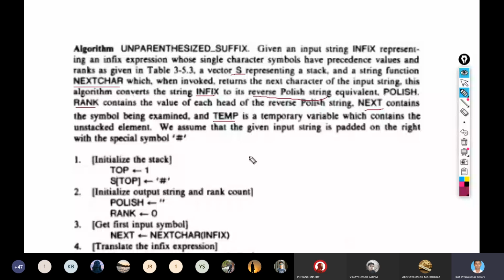And now there is one assumption. We assume that the given input string is padded on the right with a special symbol hash, right?